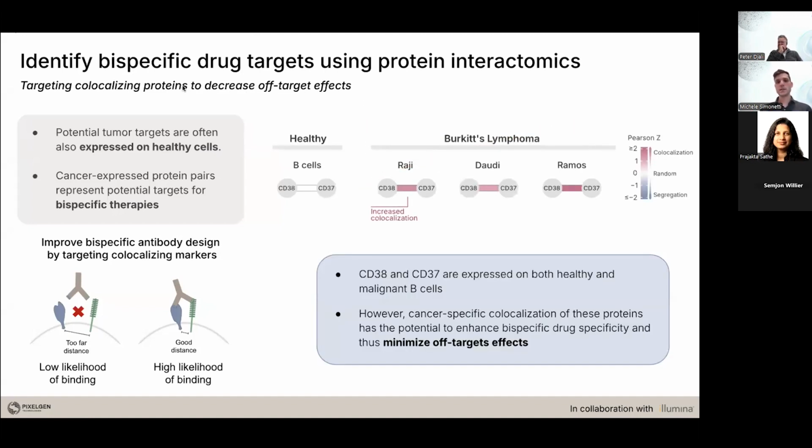We identified that CD38 and CD37 had increased colocalization, for example, in the 3 different cancer cell lines, but not in the healthy B cells. So of course, this cancer-specific localization has the potential to enhance bispecific drug specificity and to minimize off-target effects.